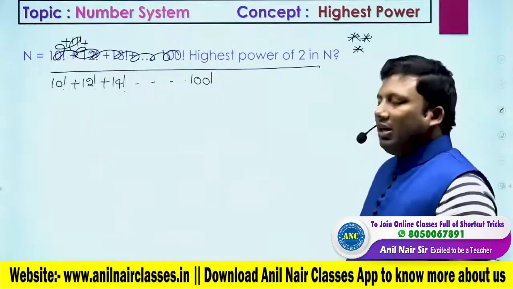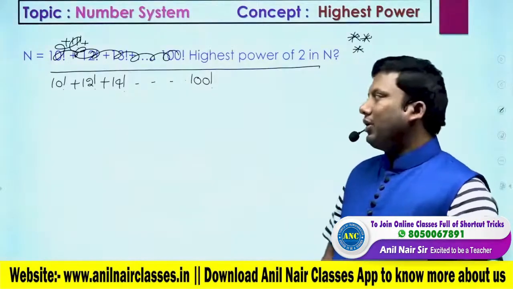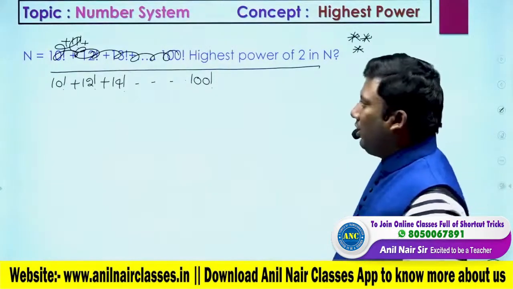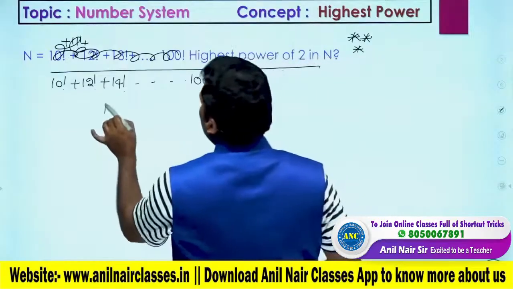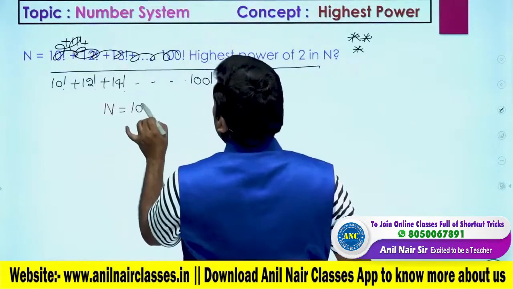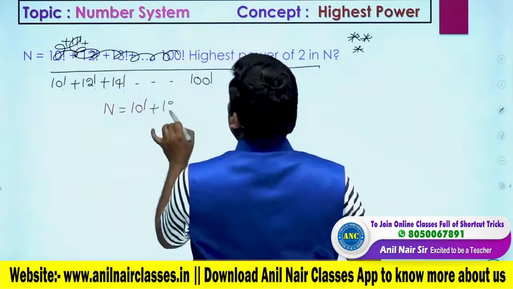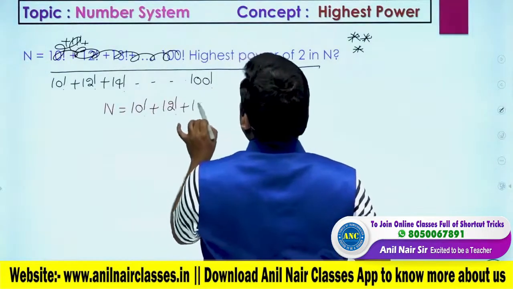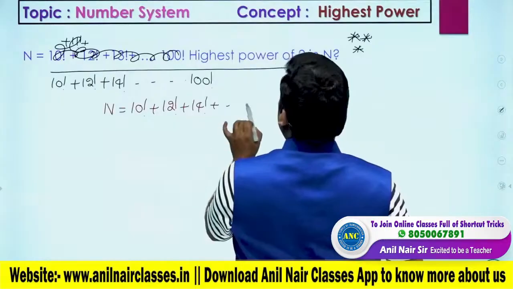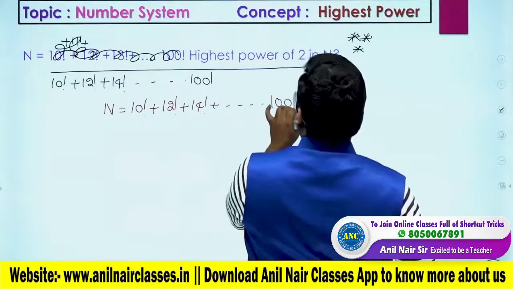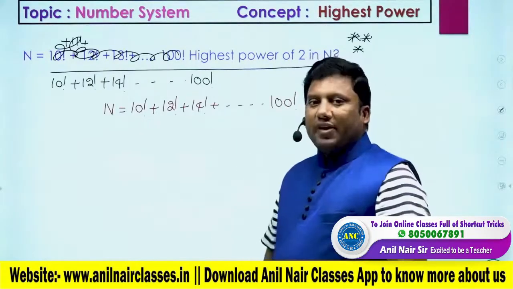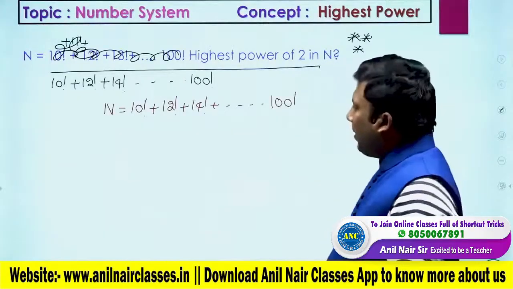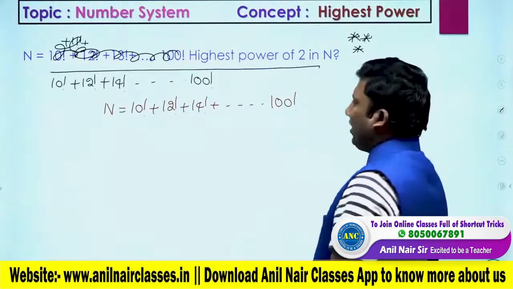N is 10 factorial plus 12 factorial plus 14 factorial and so on up to 100 factorial.